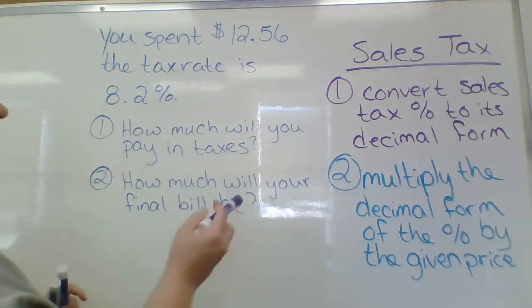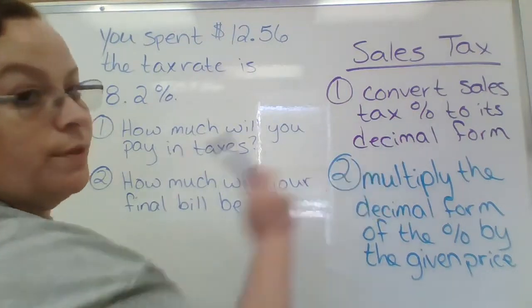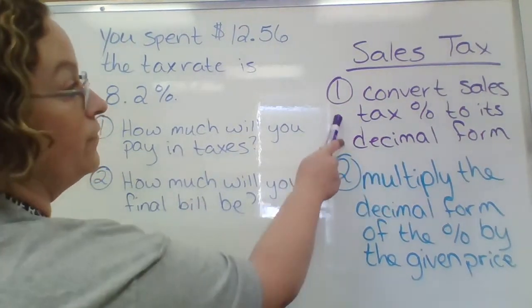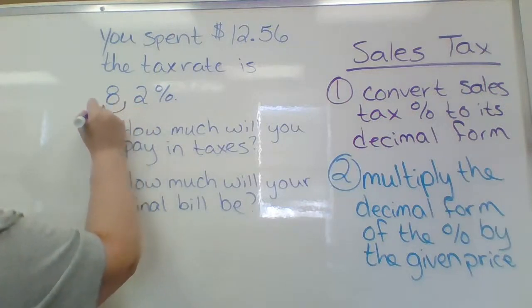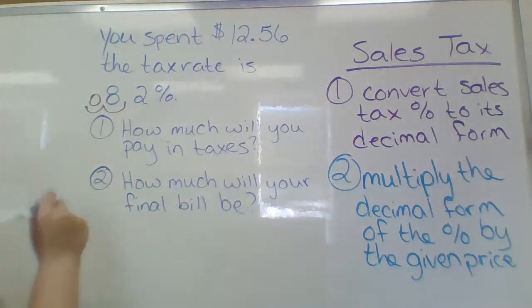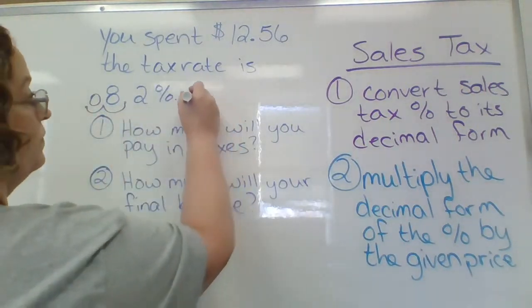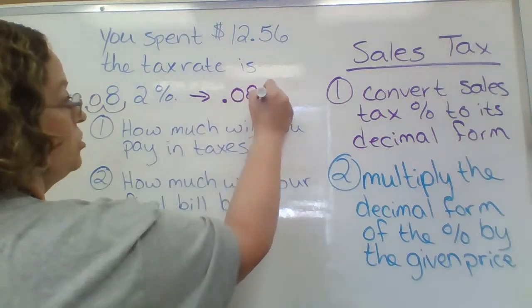So, again, we have to change this 8.2% into its decimal form. That's the very first thing we have to do. So we're going to move it 1, 2, and fill in that 0. So my decimal form is 0.082.